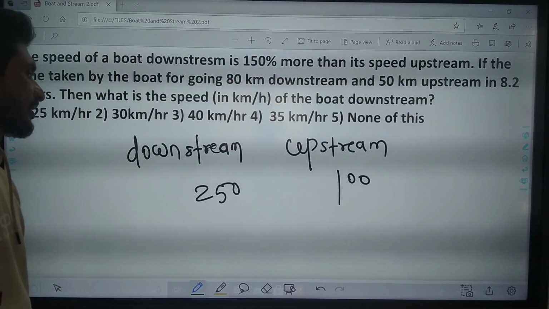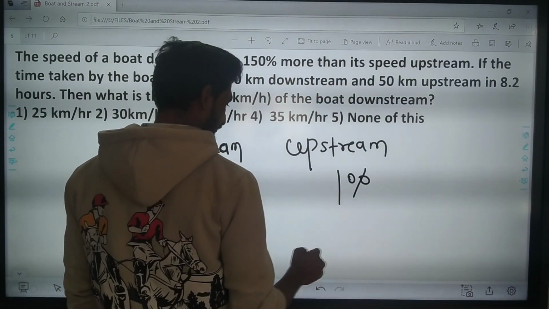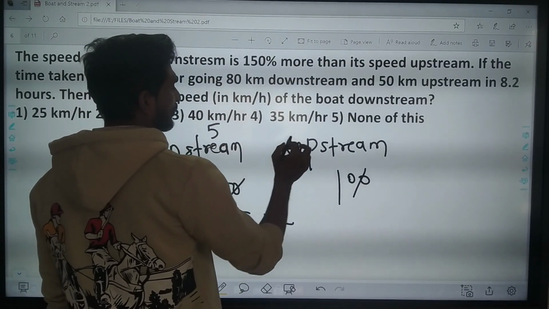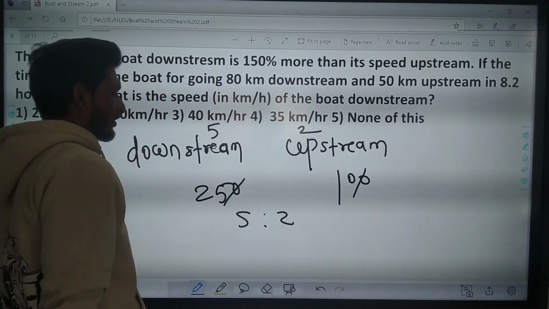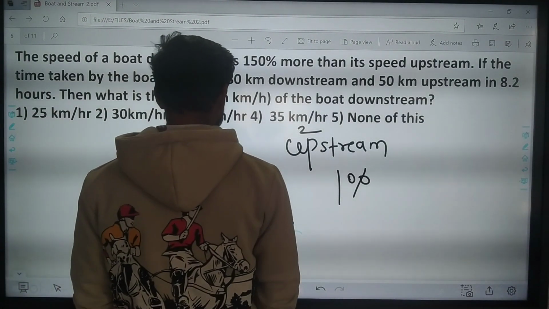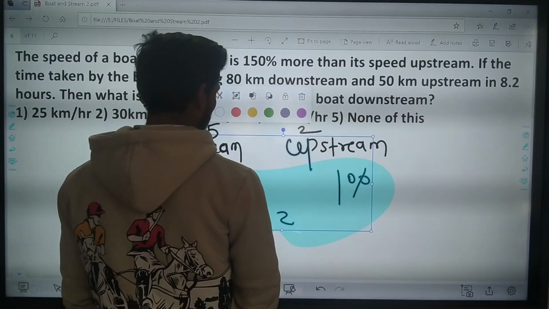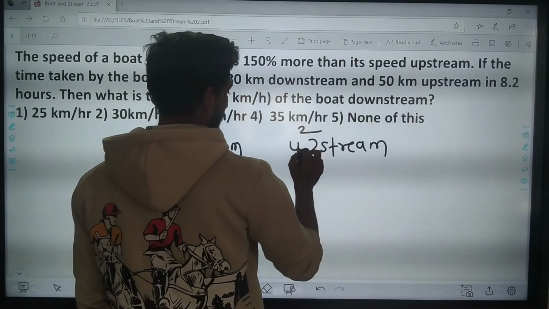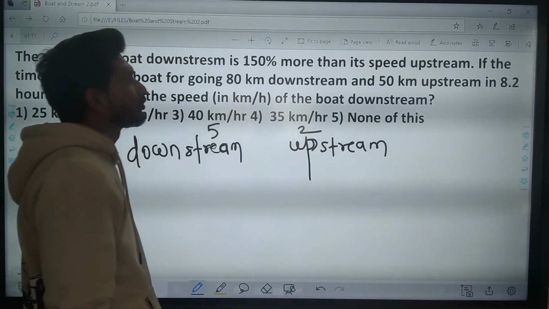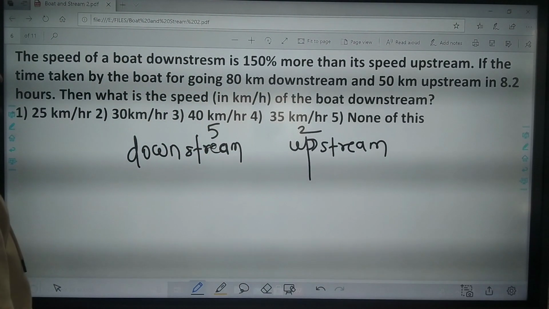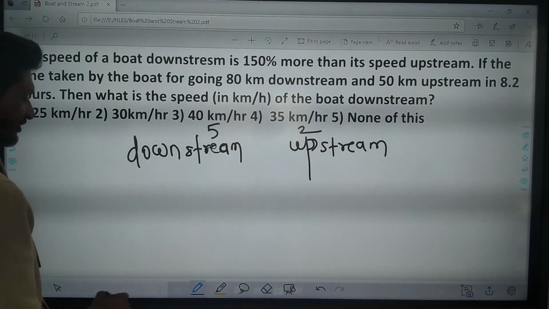So the ratio is 5:2. The downstream speed is 5x and the upstream speed is 2x.